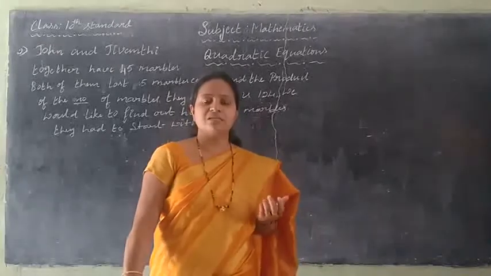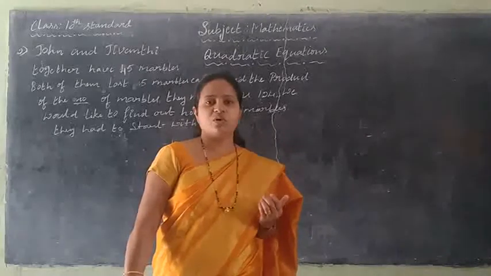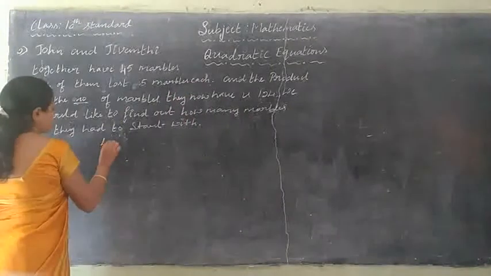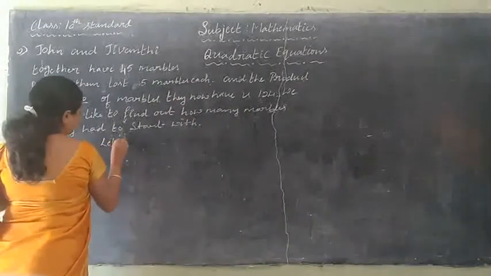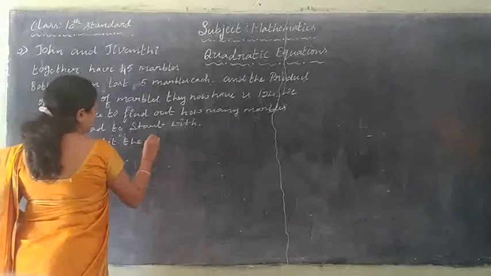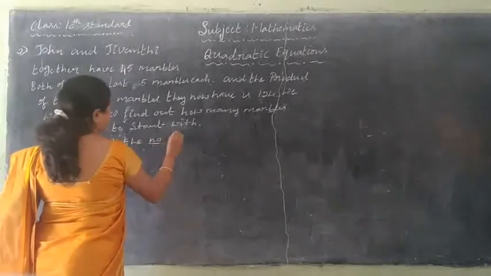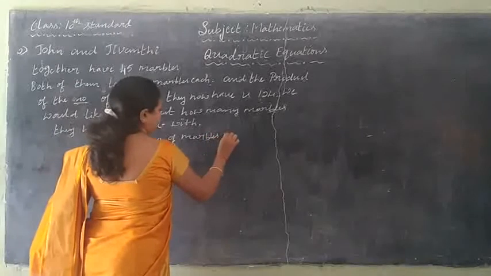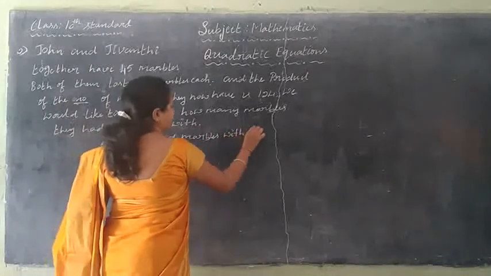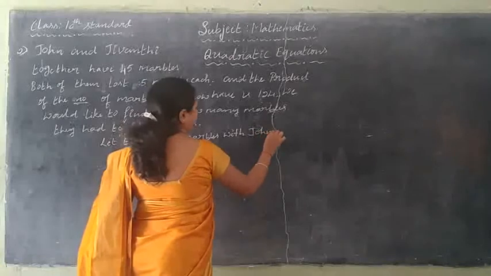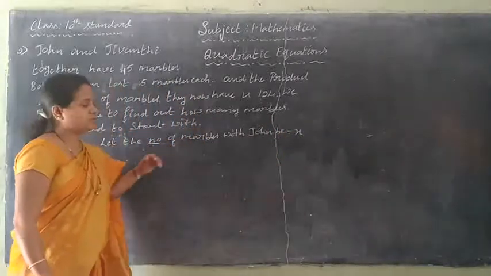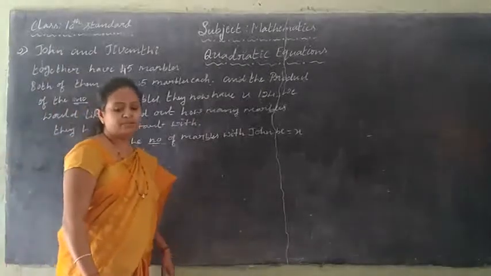Now we don't know how many marbles are with John, so let the number of marbles with John be x. Understood children? We will consider the number of marbles with John, let it be x.